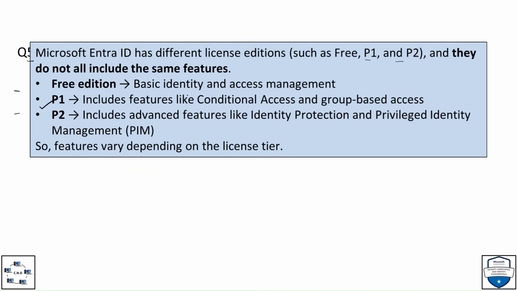The free edition gives us basic identity and access management. P1 includes features like conditional access and group-based access, and P2 includes advanced features like identity protection and privileged identity management. So features vary depending on the license tier.